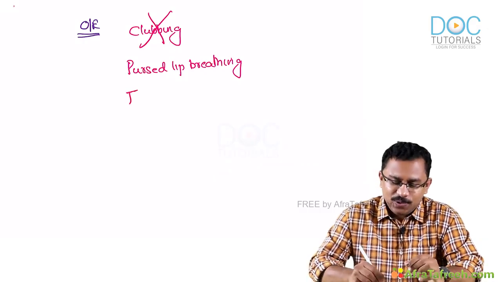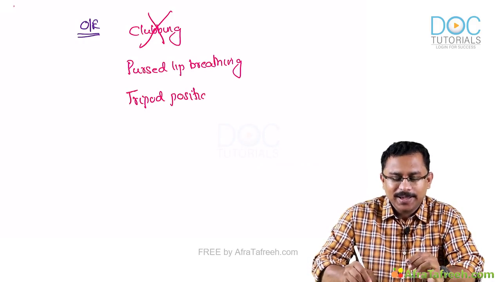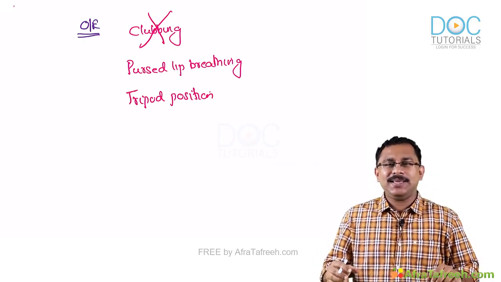Sometimes the typical attitude described is that patients with COPD would sit in a tripod position with his hands forward, and he would slightly lean forward. You call it the tripod position, and there is pursed lip breathing.